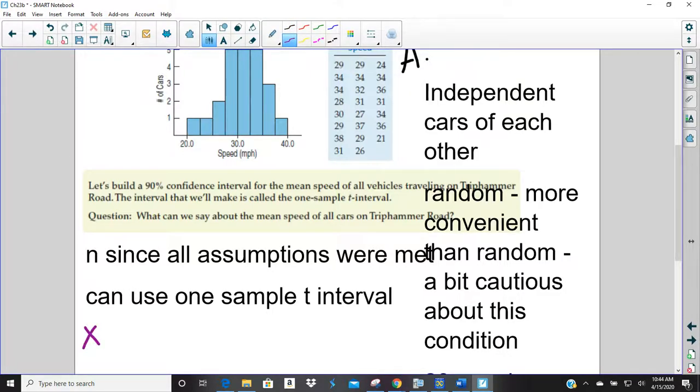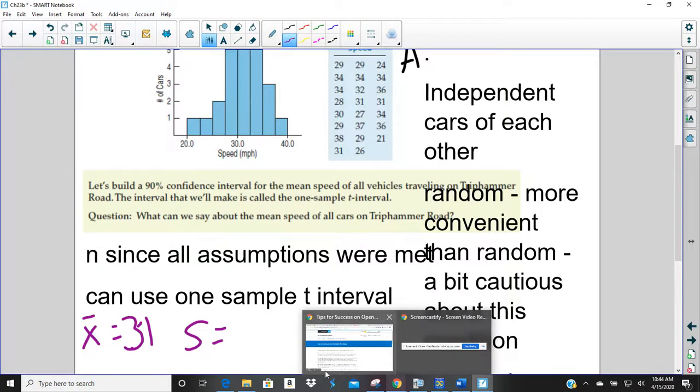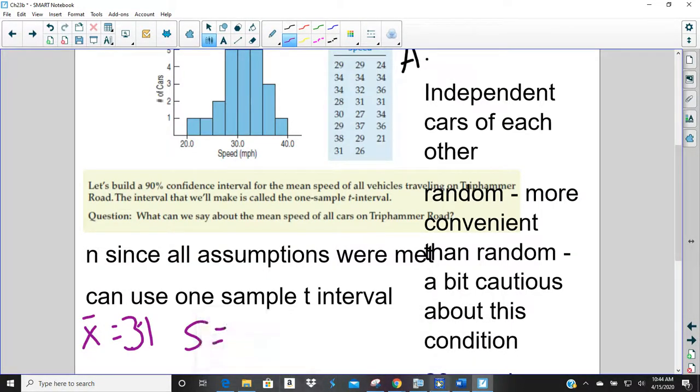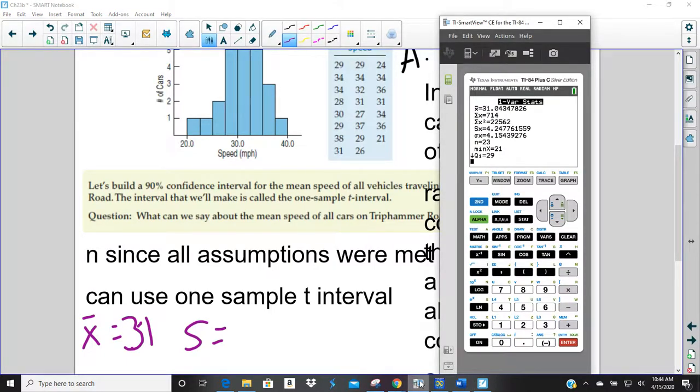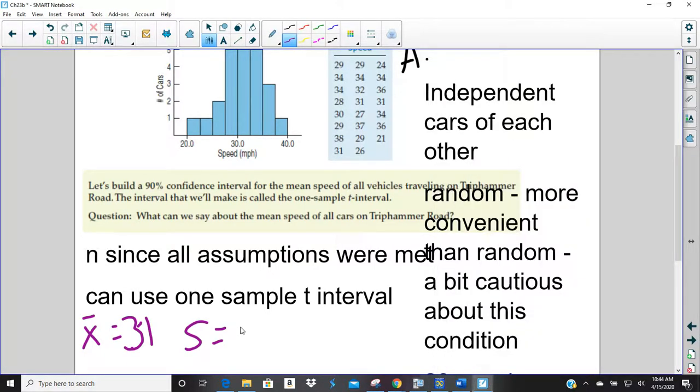I'd write x bar equals 31. That's 31 miles an hour. And the standard deviation, that's the s, it's not the population because we're only doing 23 cars over a given time period, is 4.25. Now, I don't need to do this manually. I can use the calculator for this.